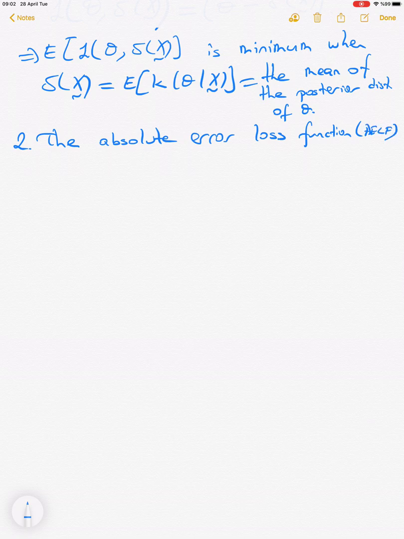And the second one is the absolute error loss function. In this one, the difference is just the absolute difference between the parameter and the estimator. In this case, the expected loss or minimum risk is obtained when we choose the estimator as the median.